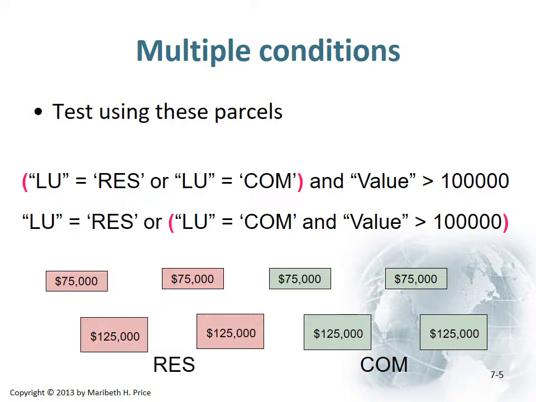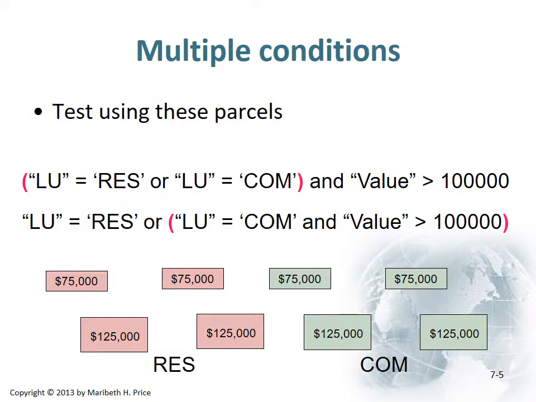How is that different from what's below, where we say first the land use category is residential, so it selects all residential parcels. And then we have the "or" statement, "or" in parentheses, land use equals commercial and value greater than 100,000. So within parentheses, we're getting all the commercial properties that have a value greater than 100,000, and we're going to combine those with all residential properties.